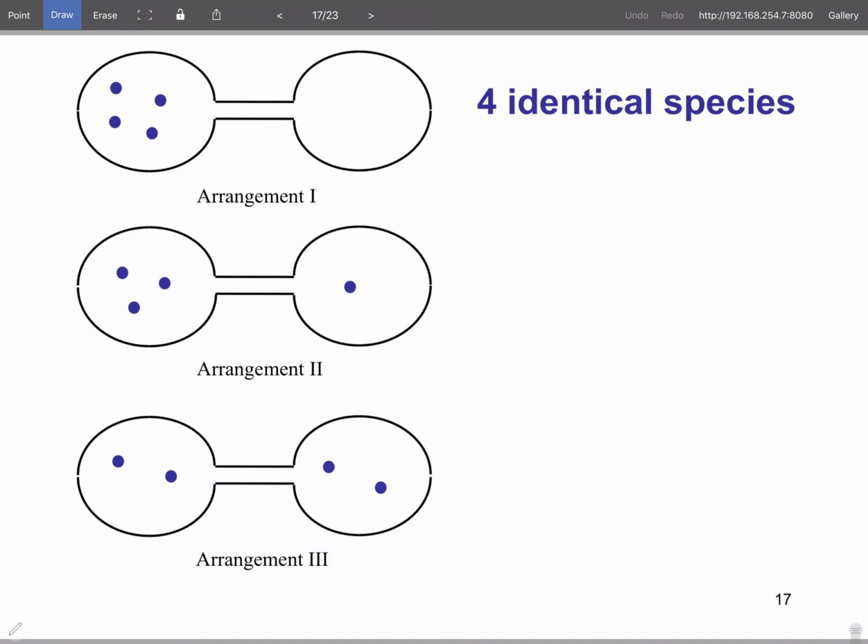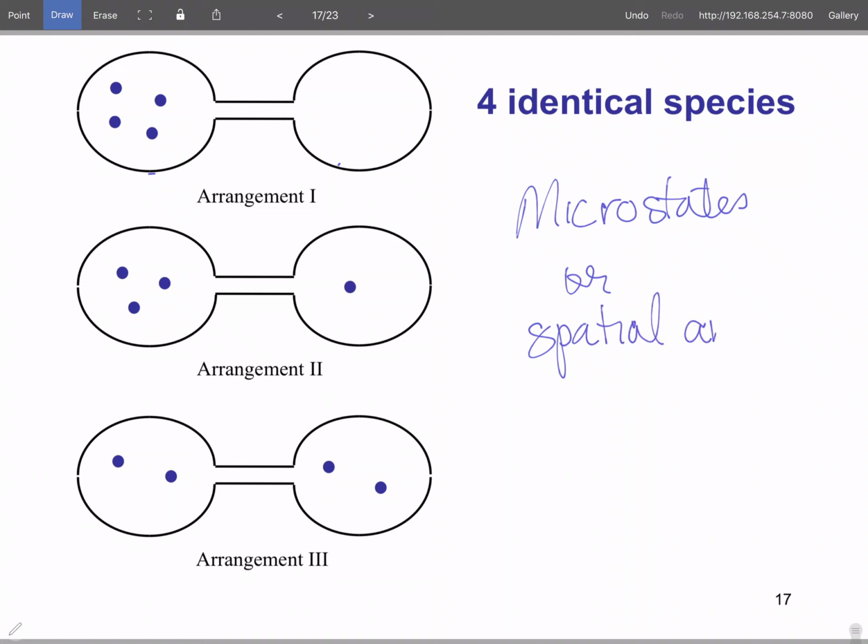So, we've got 4 identical spheres in 2 containers that are separated by one little tube. We're going to call these microstates or spatial arrangements. And if we're dealing with arrangements, 4 particles, and here's the trick, they're all the same.